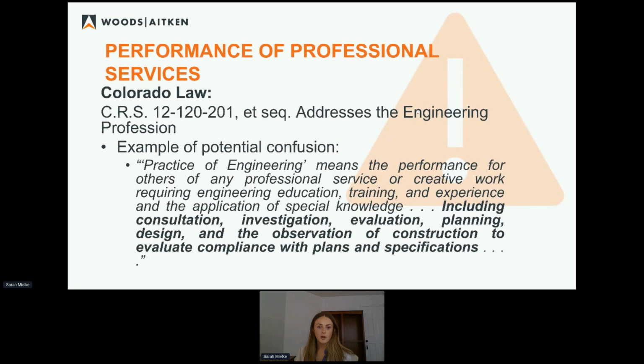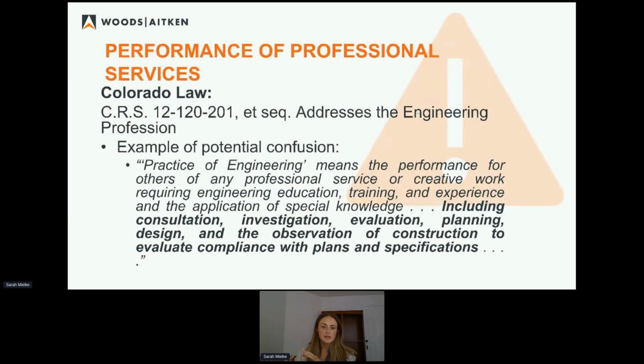And as you can see from Colorado, so this is Colorado's engineer statute, from their engineer licensing statute. They have licensing statutes for various professions. Engineering can be found in the same chapter as land surveying and architecture. From the engineering statute, you'll see that practice of engineering by law means performance for others of any professional service, creative work, and so on.